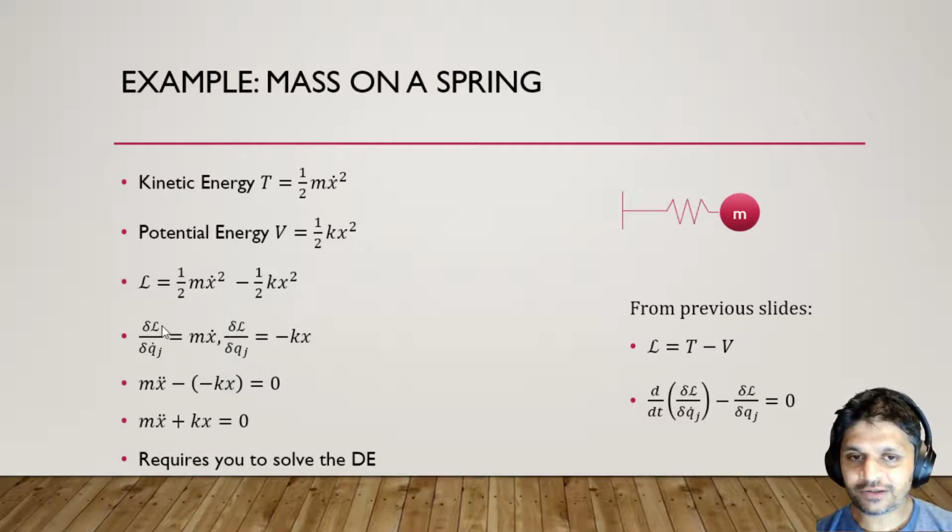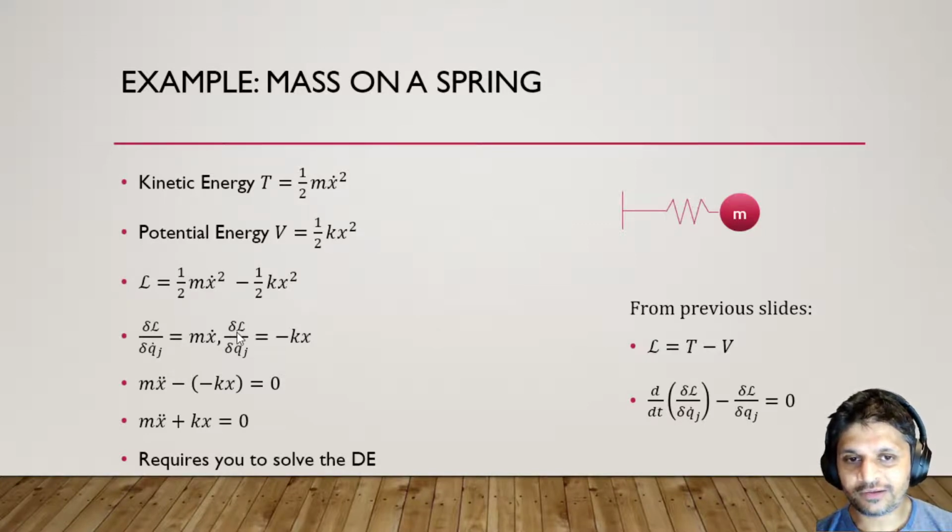So again, we didn't have to think about it. Neither of these terms were things we had to think about. We just had to look them up and plug them in. Then if we want to get to this equation, we're going to take the partial derivative of the Lagrangian with respect to the velocity. This term has no velocity component, so we can just look at this one, and we'll get m x dot.